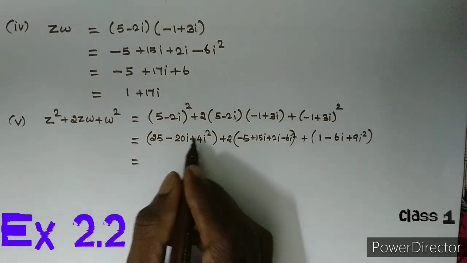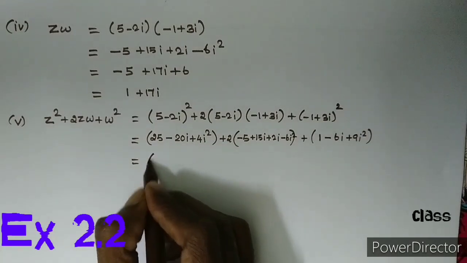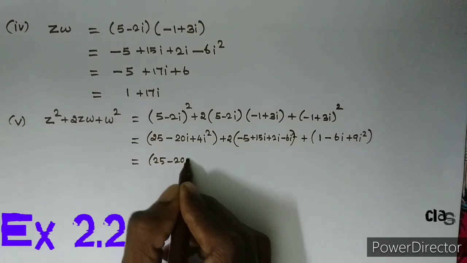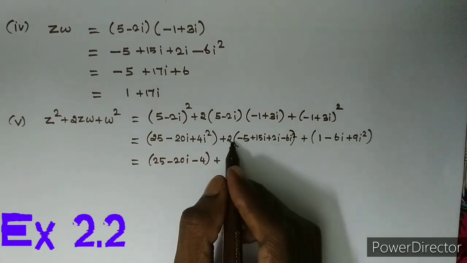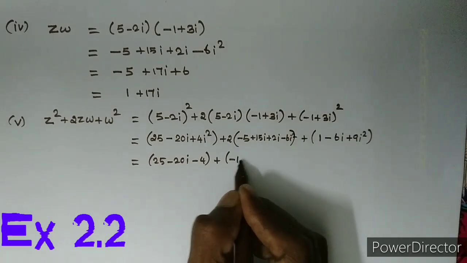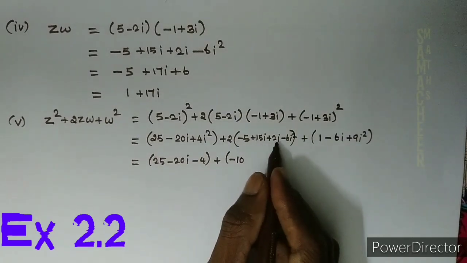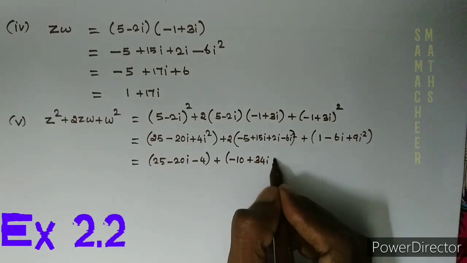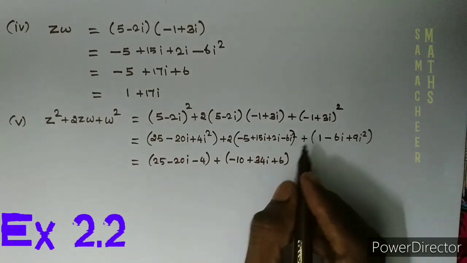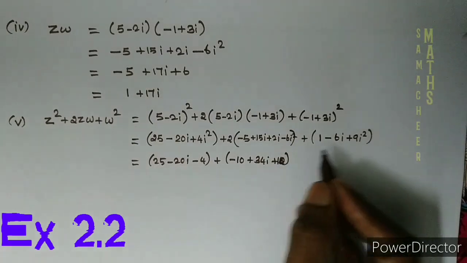Here 25 minus 20i, last one minus 4. So 2 into minus 5, that is minus 10, 2 into, here it is 15i and 2i, that is 17i into 2, that is 34i. It is actually plus 6 into 2, that is 12.